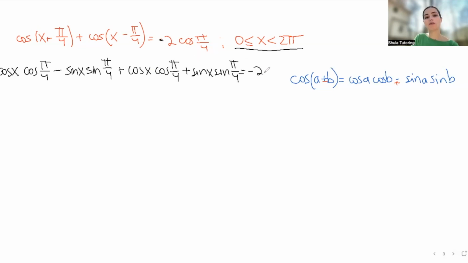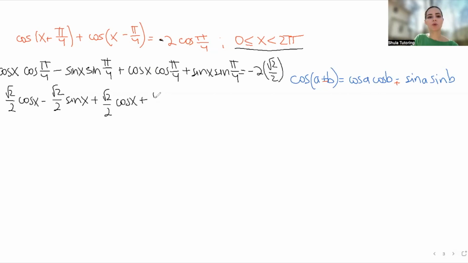cosine of pi over 4 is square root of 2 over 2. I'm already starting to simplify things here. Cosine of pi over 4 is square root of 2 over 2 times cosine x minus sine of pi over 4 is square root of 2 over 2 times sine x plus, again, square root of 2 over 2 times cosine x plus square root of 2 over 2 times sine x is equal to, this cancels out, right?